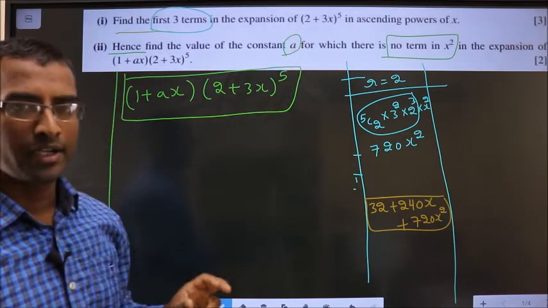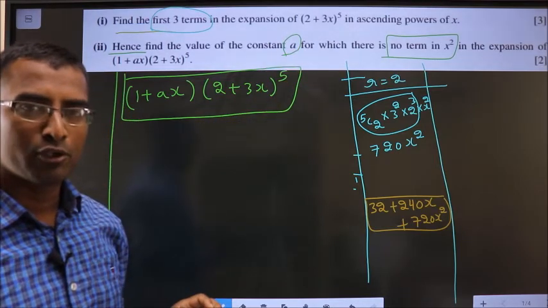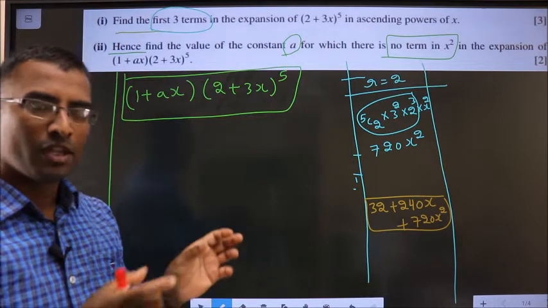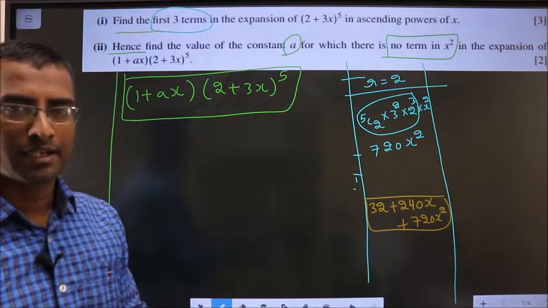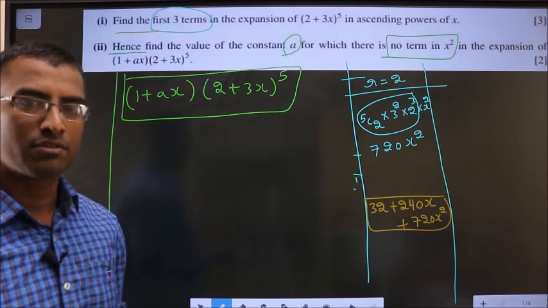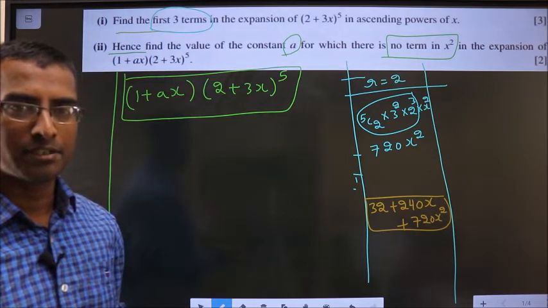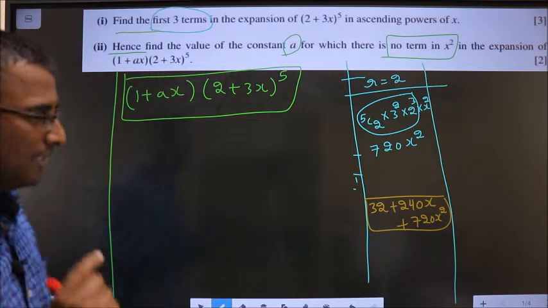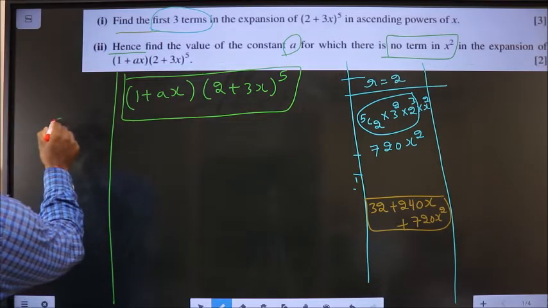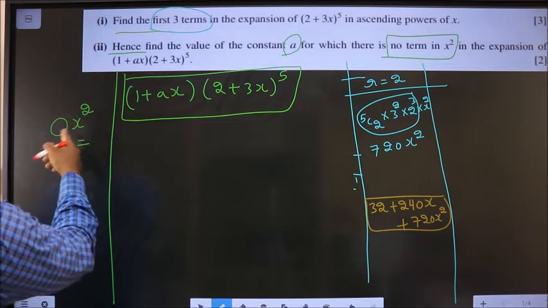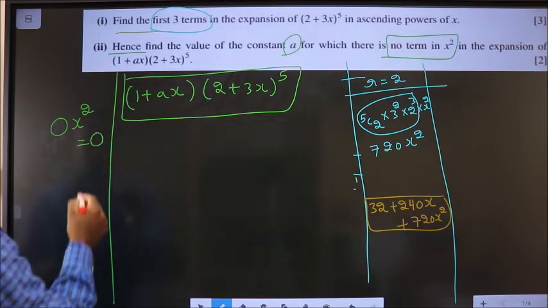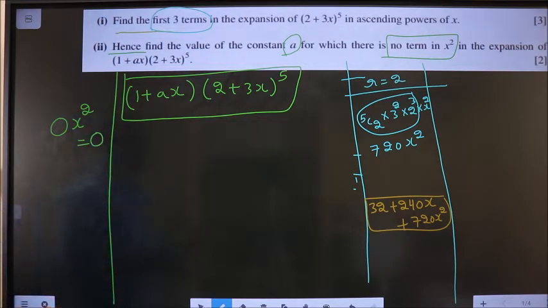Clear? Now, what do you mean by no term in x square? No term in x square means x square term should not be present. And how can I make sure that x square term does not exist in the expansion? Only one way. See, let us say you got 0 before x square. 0 times x square will be 0.